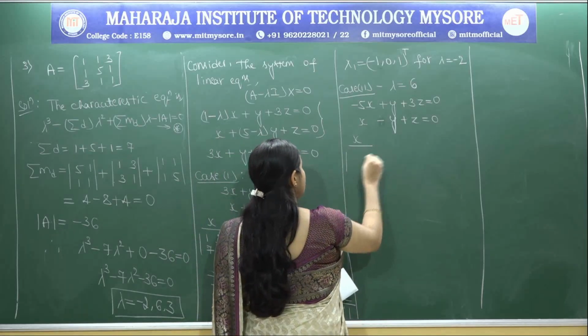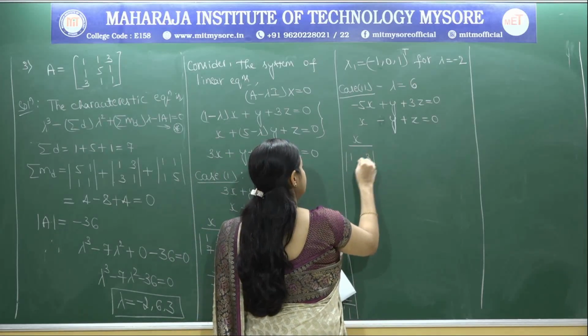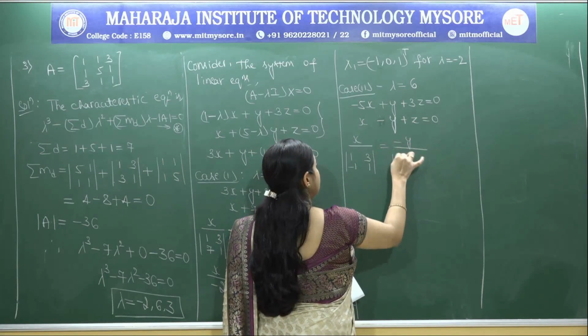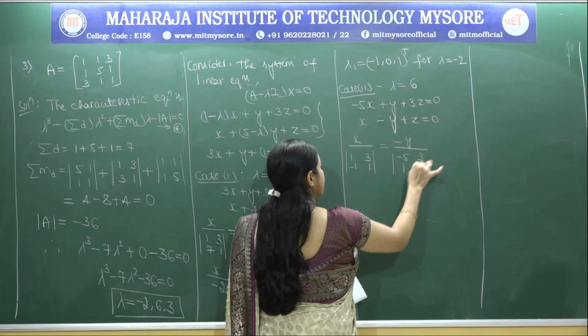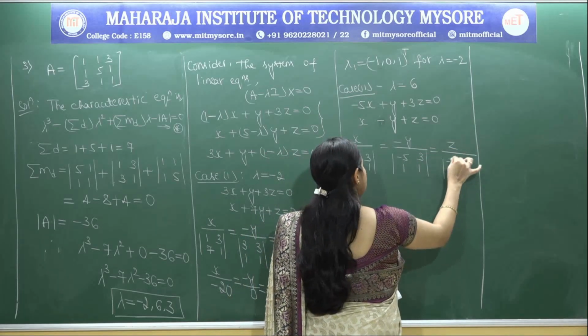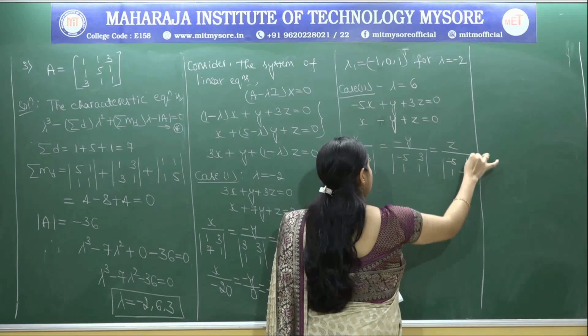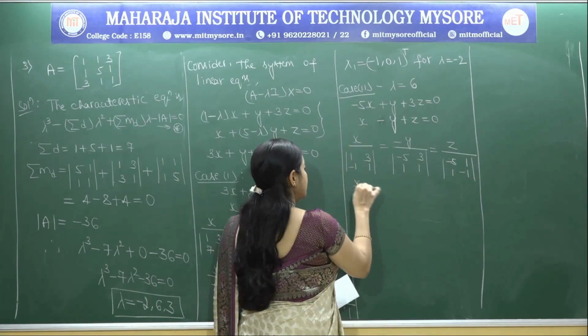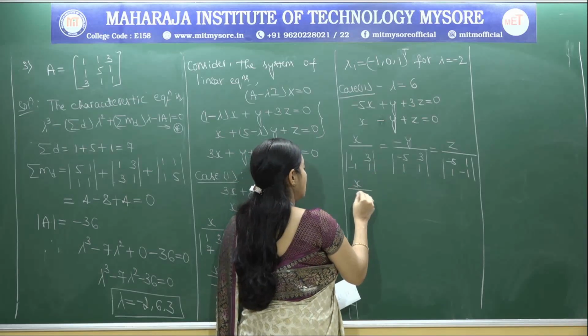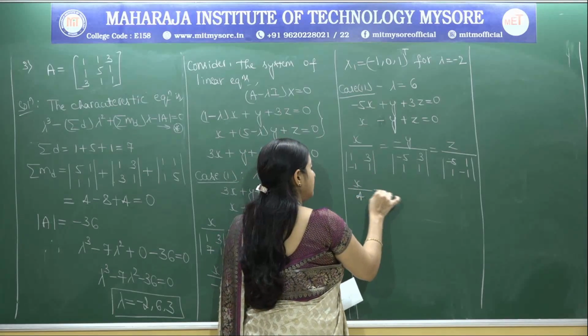So the first one, x divided by, write the y and z coefficients, minus y divided by 1 and 1 and z divided by minus y 1, 1 and minus 1. So it is x divided by 1 minus of minus, it is plus, 1 plus 3 is 4.